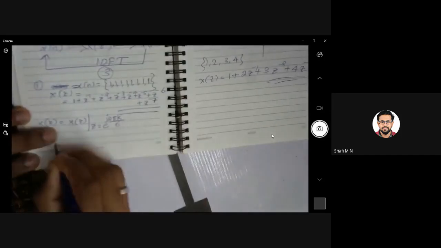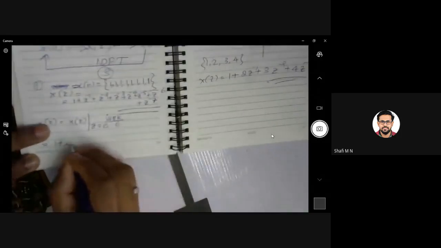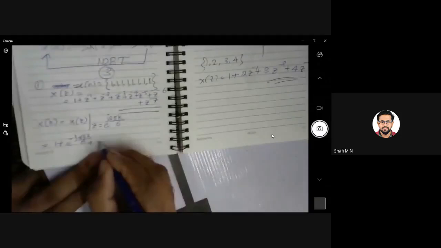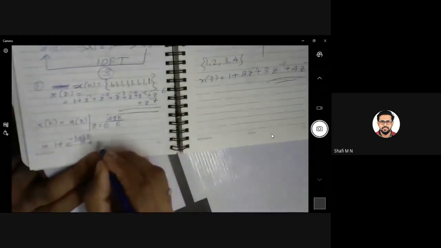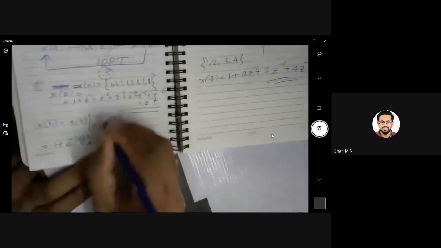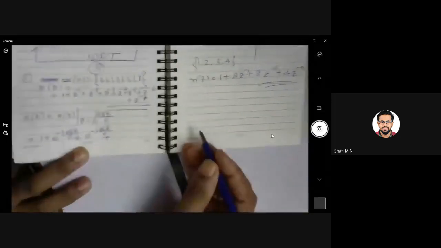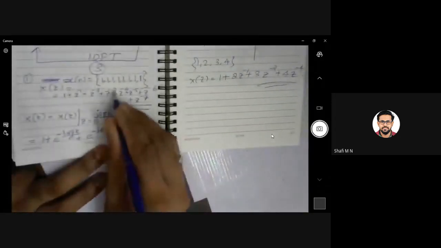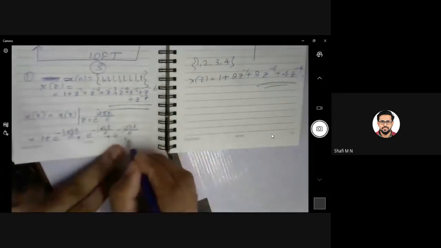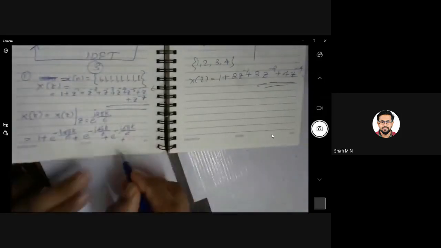Therefore, x of k equals what? 1 plus, substituting this in place of Z, e raised to minus j 2 pi k by 6 plus, correct? e raised to minus j, then 2 squared, 2 into 2, 4 pi k by 6, plus e raised to minus j 2 into 3, 6 pi k by 6. Simplify if it can be simplified, plus and so on. Write all 7 terms like this. That will be your x of k.